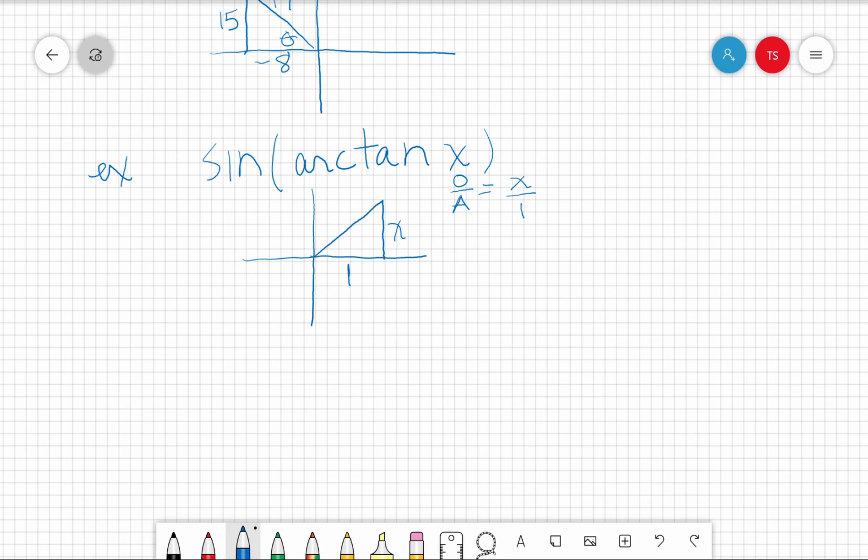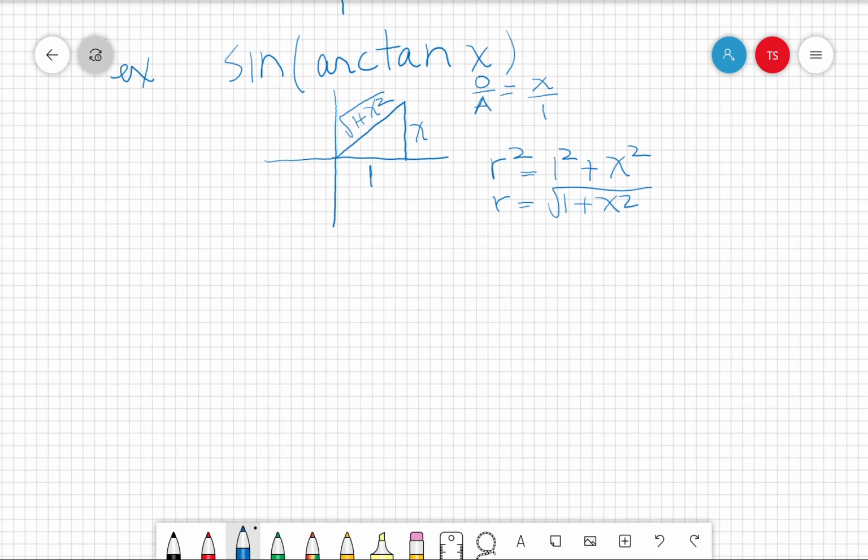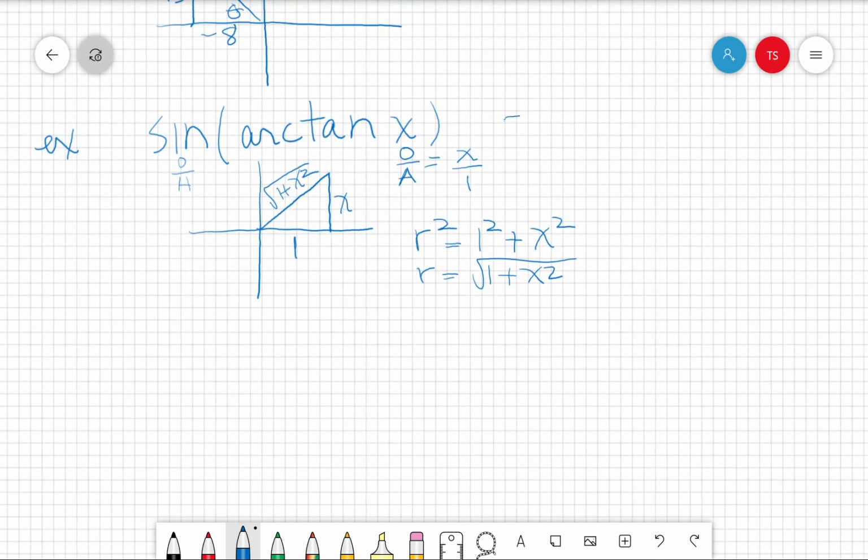So the hypotenuse, r squared, is equal to 1 squared plus x squared. So r is going to be equal to the square root of 1 plus x squared. You could write it as x squared plus 1. And so the sine then, which is opposite over hypotenuse, is going to be equal to x over the square root of 1 plus x squared. And that's another type of problem that we can evaluate, and that's some algebra for calculus.